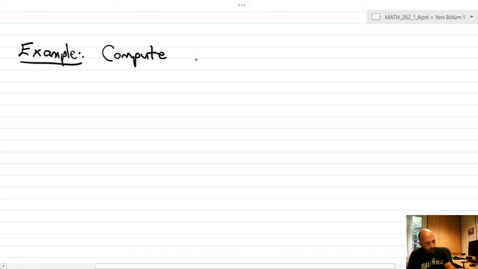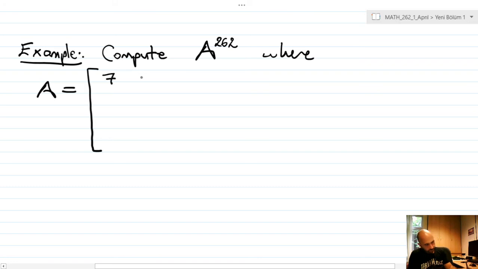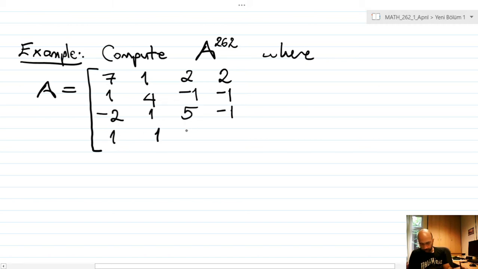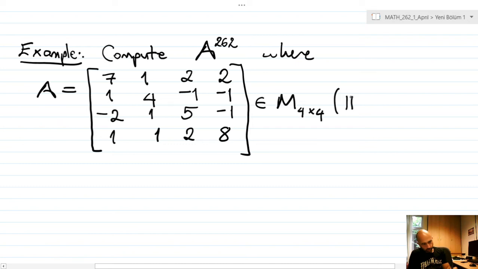Compute A to the power 262, where A is the following 4 by 4 matrix: 7, 1, 2, 2; 1, 4, minus 1, minus 1; minus 2, 1, 5, minus 1; 1, 1, 2, 8, as a matrix in M_4x4(R).